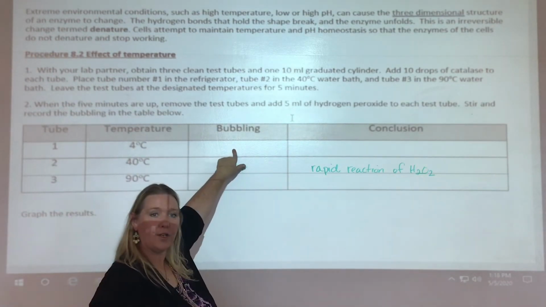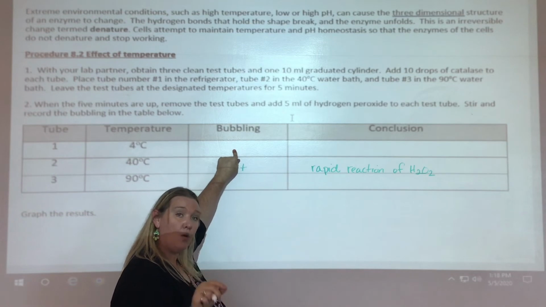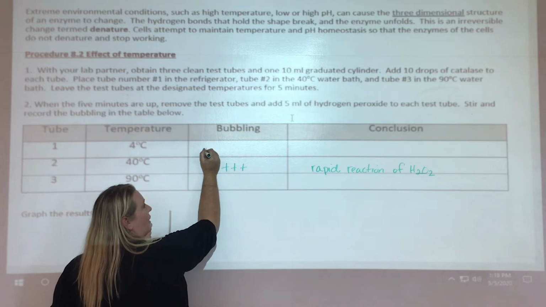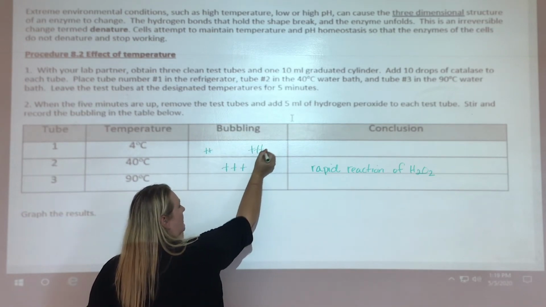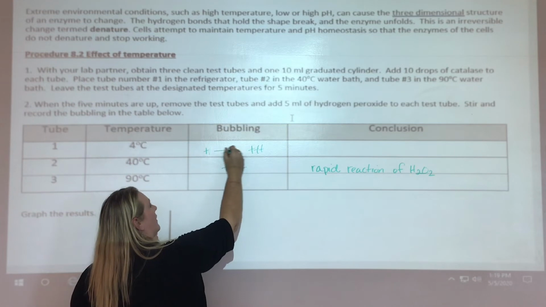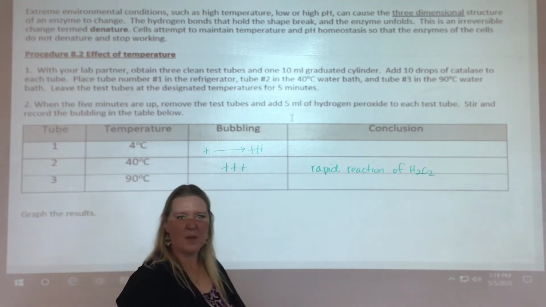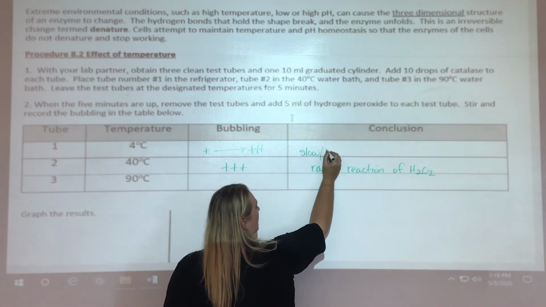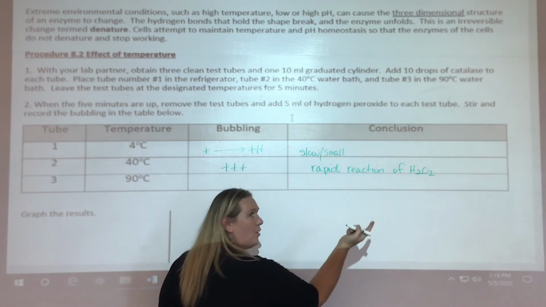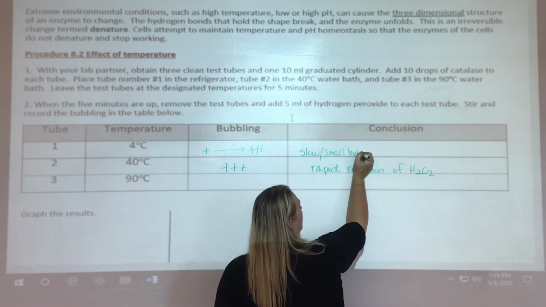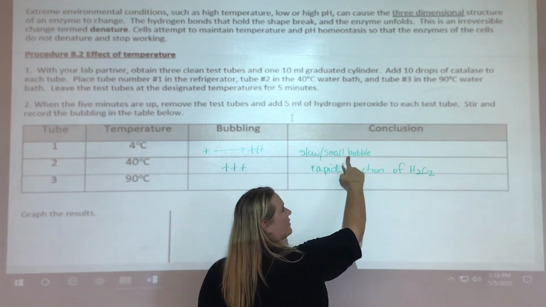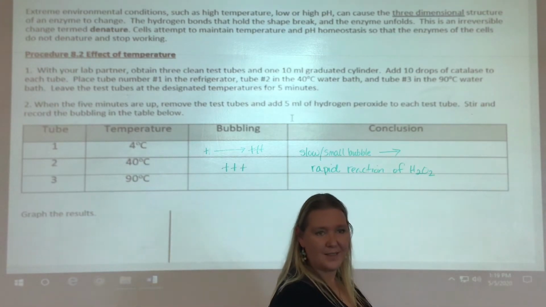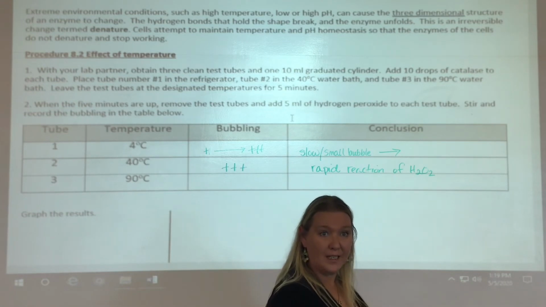In the 4 degree, the first test tube, the slow one to start, the one that Professor Russ brought to me, we saw slow bubbles and then a lot of bubbles. Maybe I'll just put an arrow. Lots of ways to write that. But we saw a slow reaction, smaller bubbles, and then as it warmed up, that's why I was saying maybe not yet, because it probably got a little warm sitting here while I was talking.